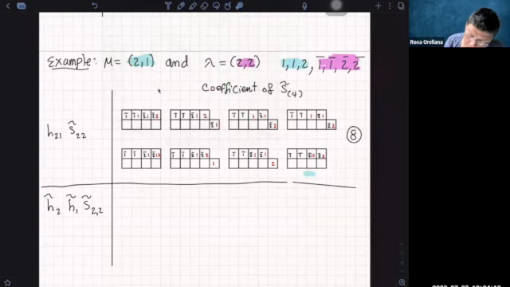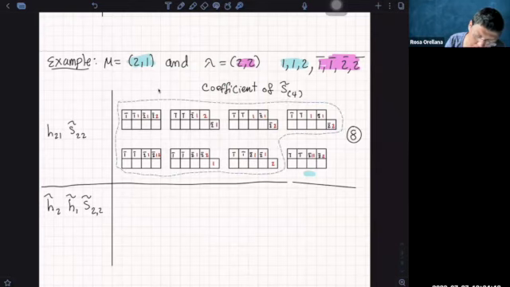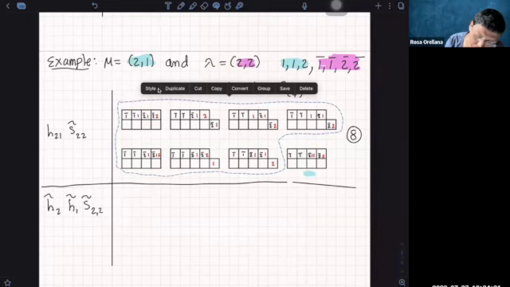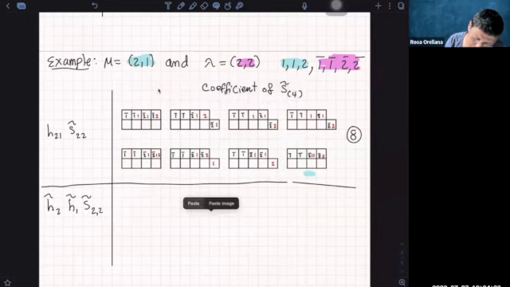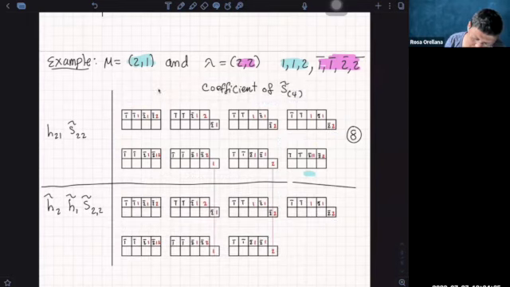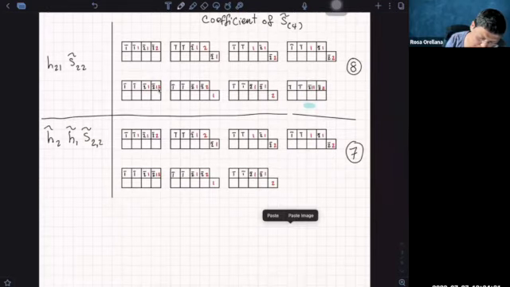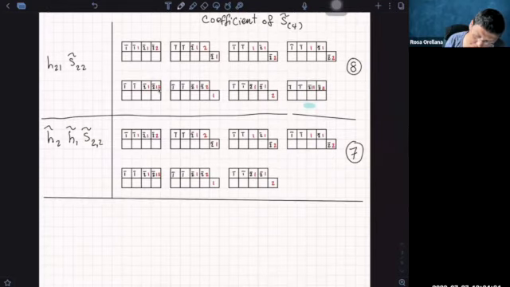It has a 1, 1. All the other ones satisfy the condition, so you can just copy and paste. And you can definitely see the coefficient is going to be 7. Then the next one.